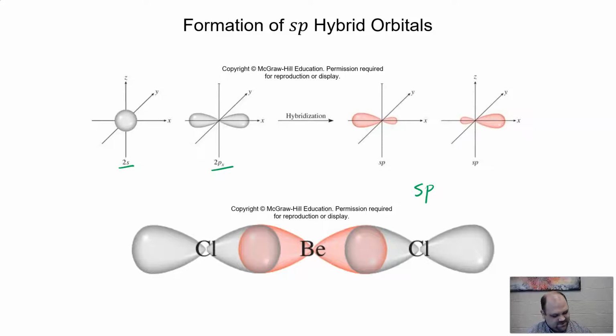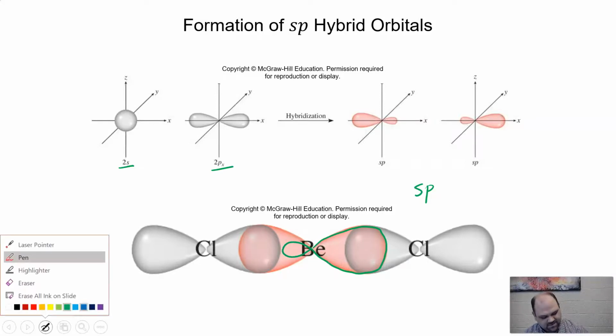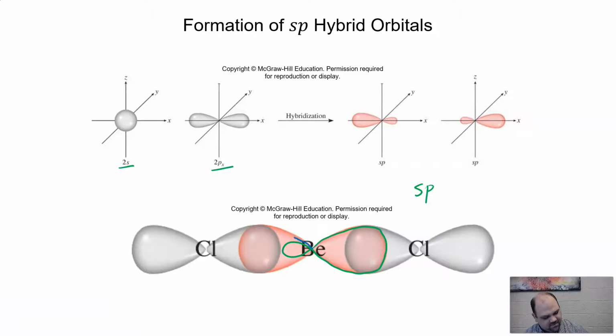And so here you can see the two sp orbitals in beryllium, so here's one sp orbital here. I'm going to outline it in green. They're not really showing the other tail of it, right? There's one. And then the other sp orbital in beryllium is here.